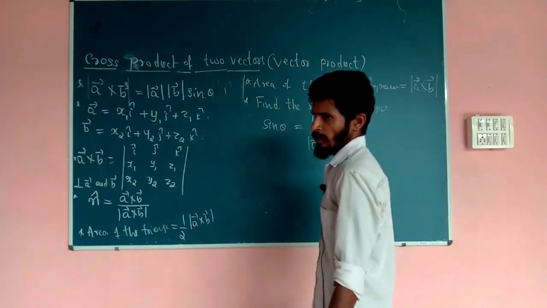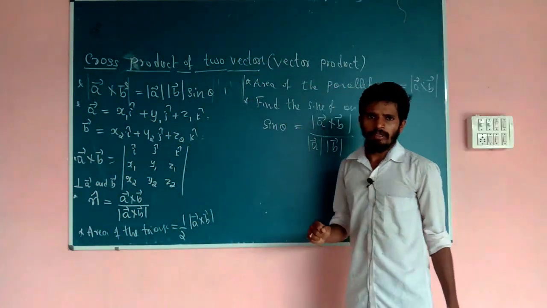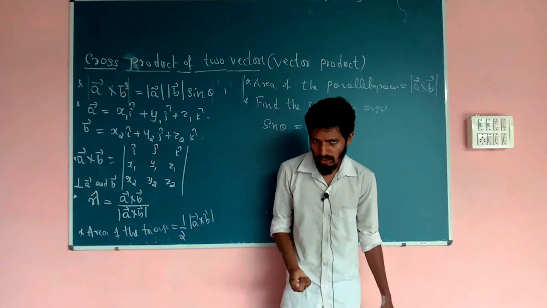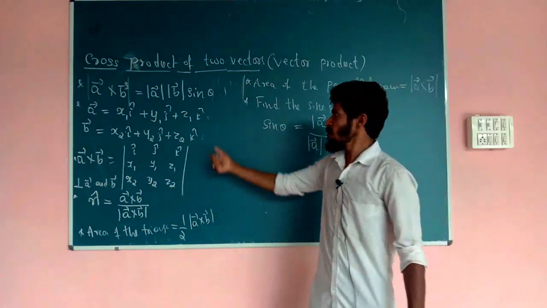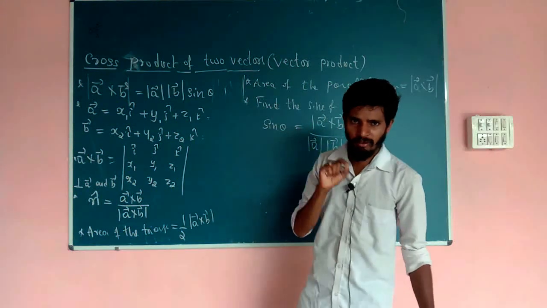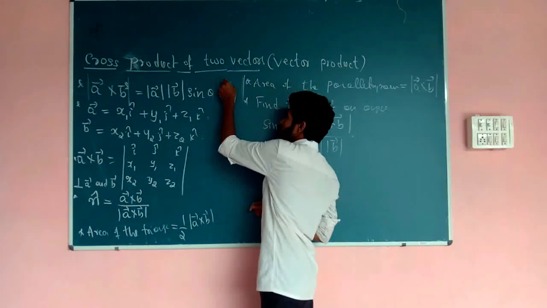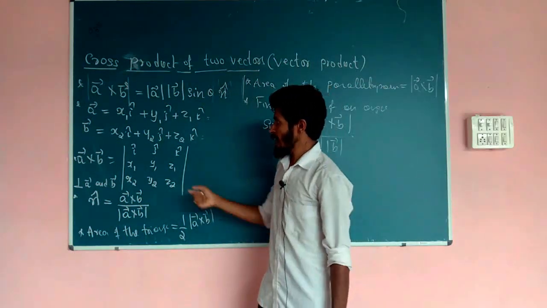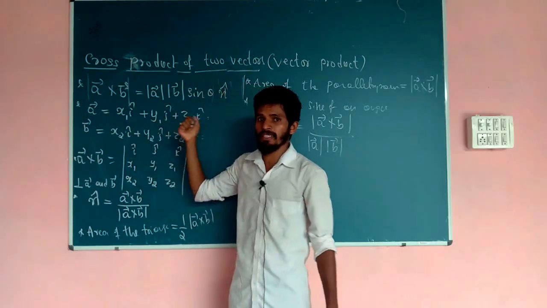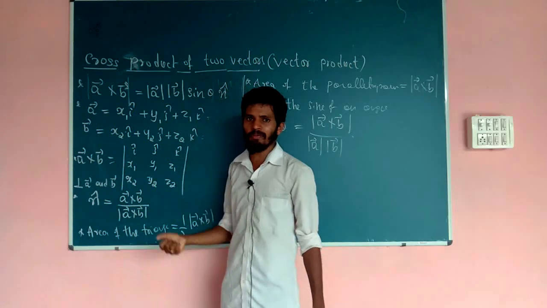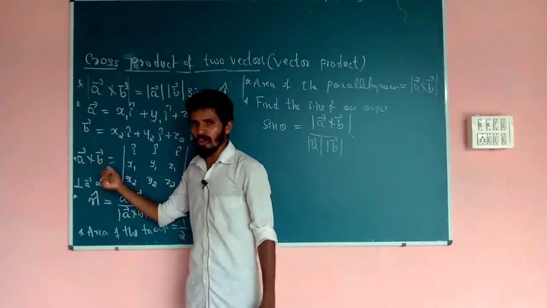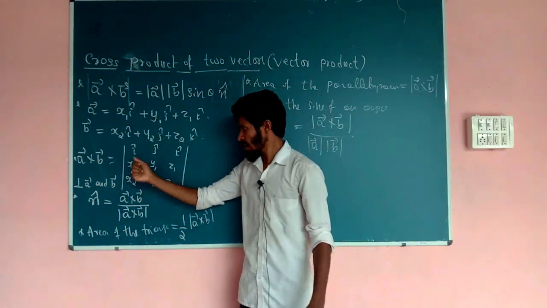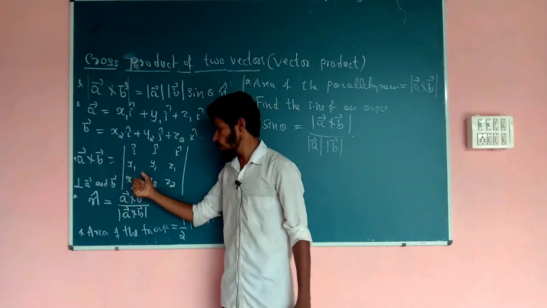That is the cross product formula. Understood? If A and B are any two vectors, A cross B is equal to magnitude of vector A into magnitude of vector B into sin theta into n cap, where theta is the angle between vector A and vector B, and n cap is a unit vector perpendicular or orthogonal to vector A and vector B. If vector A is equal to x1i plus y1j plus z1k and vector B is equal to x2i plus y2j plus z2k, then A cross B is equal to the determinant i, j, k, x1, y1, z1, x2, y2, z2.